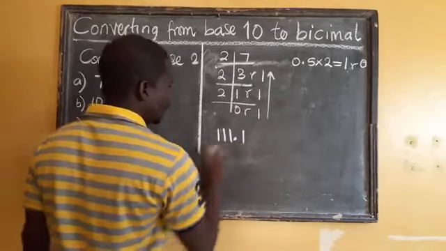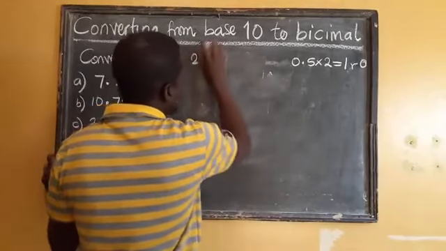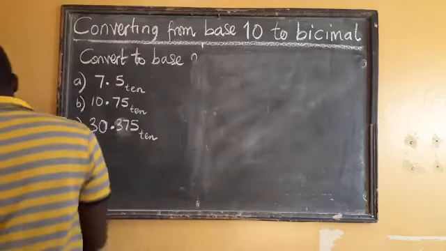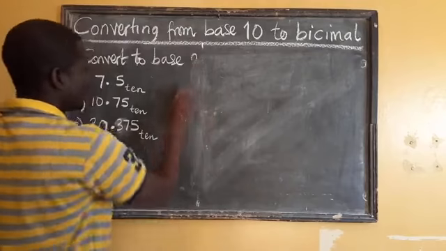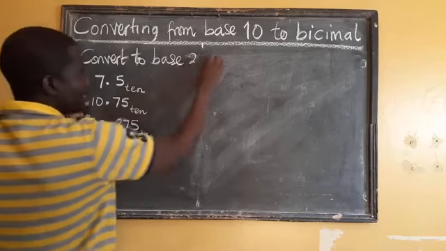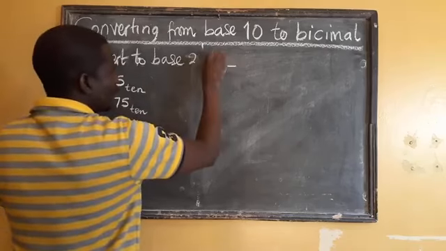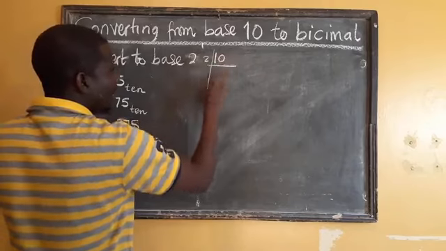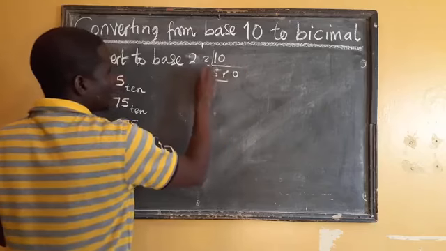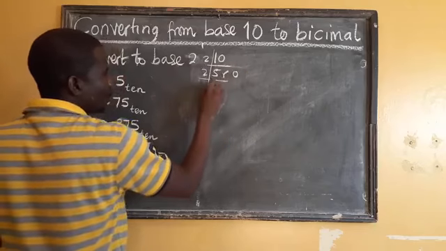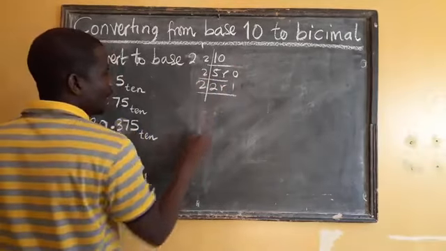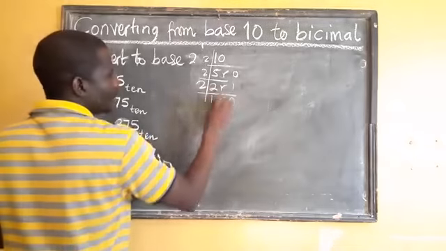I hope if you didn't miss the point here, you should be able to get everything on the second one. On the second one, the whole number part is 10. So 10 divided by 2 is 5, remainder 0. 5 divided by 2 is 2, remainder 1. 2 divided by 2 is 1, remainder 0.